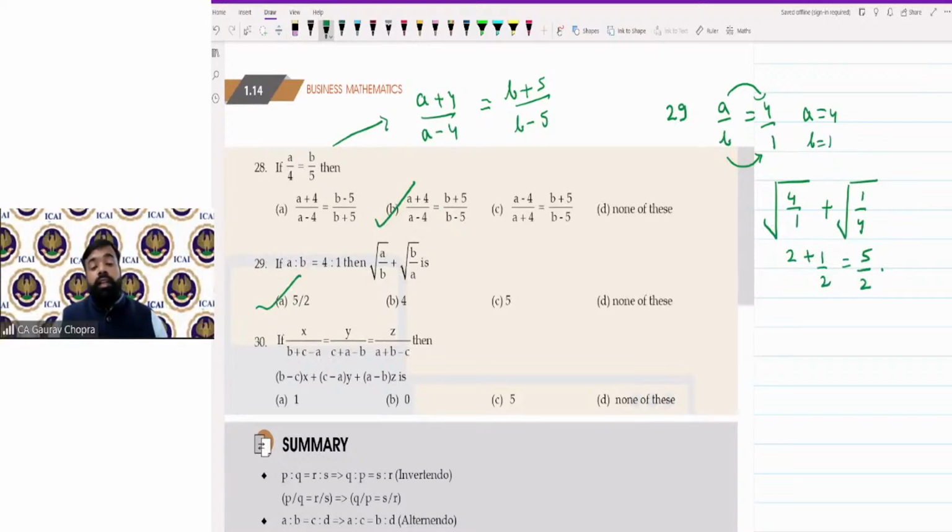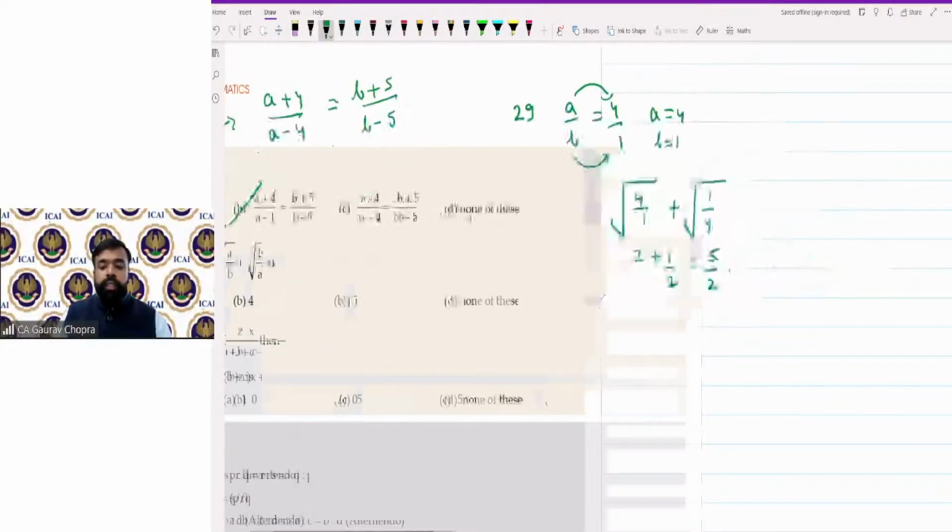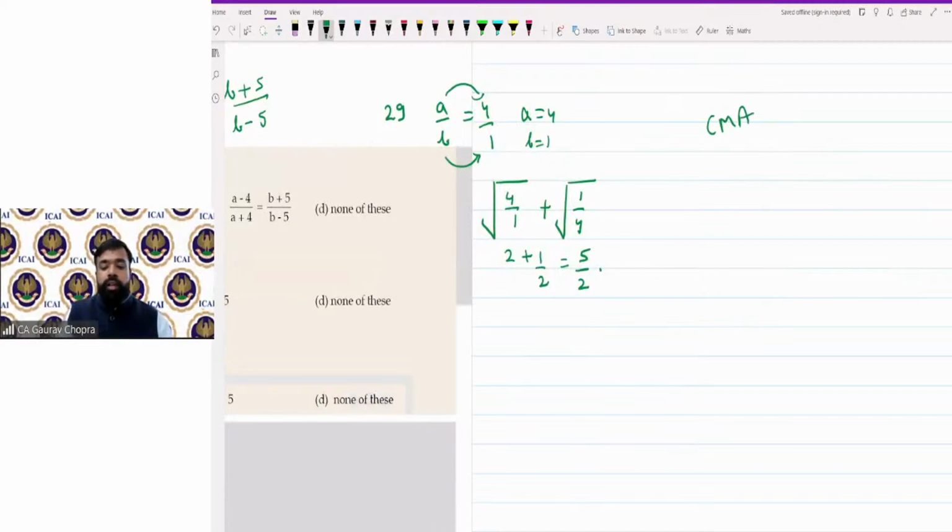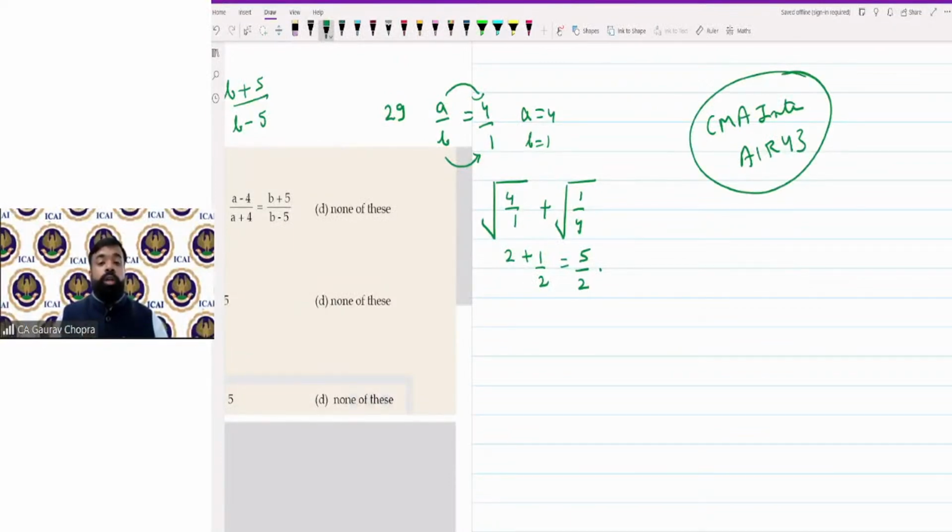I also completed CMA Intermediate during my CA Inter studies, and in CMA Intermediate I secured AIR 43. That was also a great achievement for me, because I never secured good ranks or good marks in my school life, but in my professional exam I got AIR 43. So if I can get it, of course you all can get this, you all can achieve this.